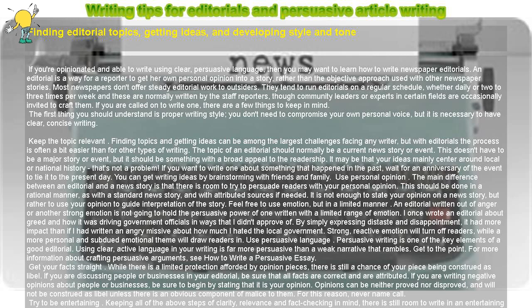It is not enough to state your opinion on a news story, but rather to use your opinion to guide interpretation of the story. Feel free to use emotion, but in a limited manner.